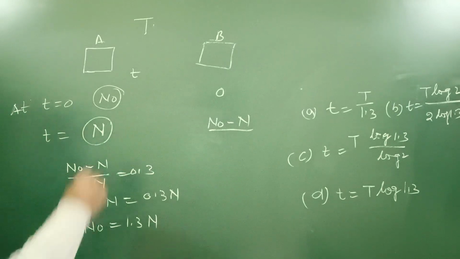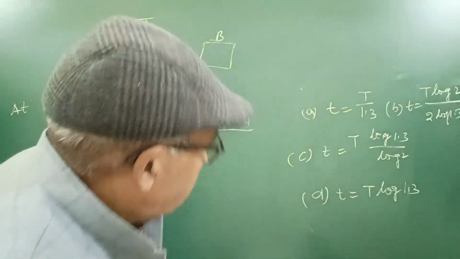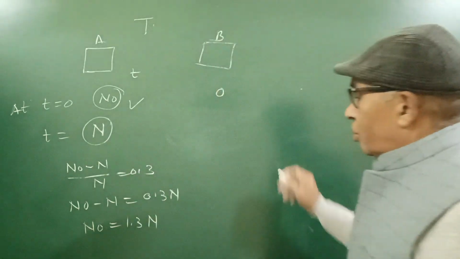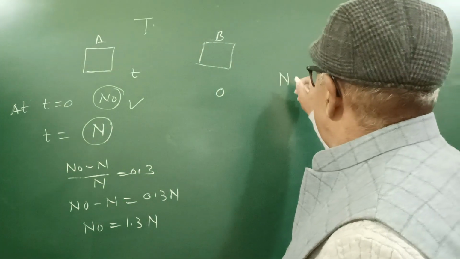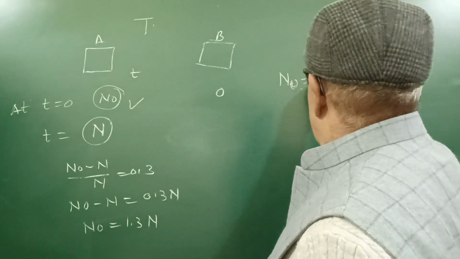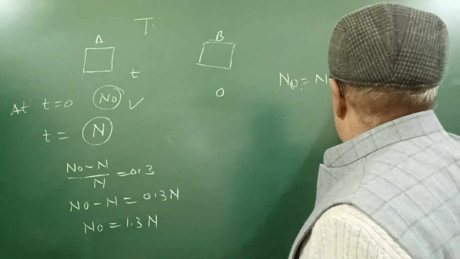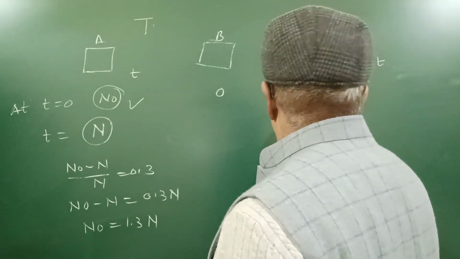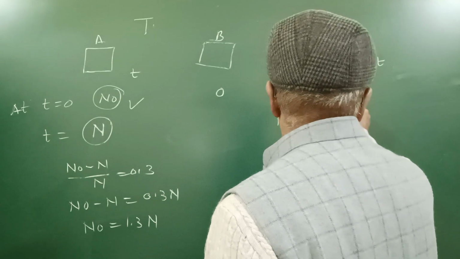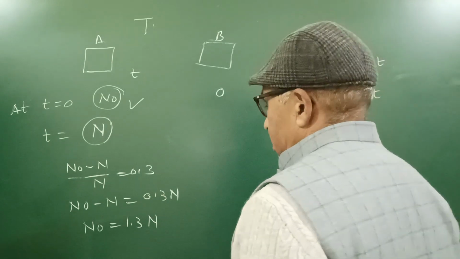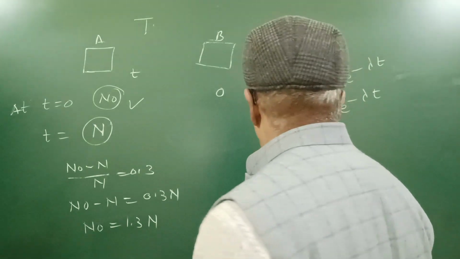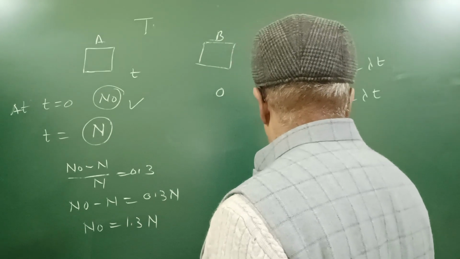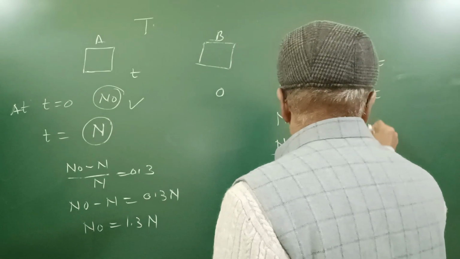Now, for element A, what do we know? We know Nt equal to N0 e to the power minus lambda t. So Nt is N, and therefore N upon N0 is e to the power minus lambda t.